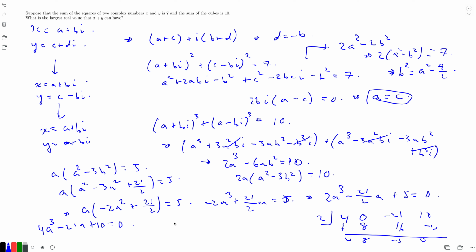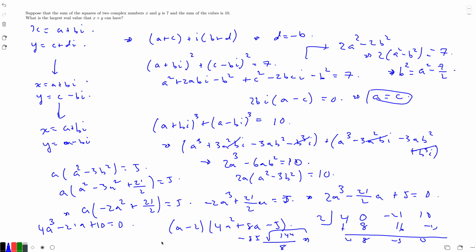So this factors as follows: a minus 2 times 4a squared plus 8a minus 5. Now we can solve for a is equal to 2 or a is equal to solutions of this, which is negative 8 plus or minus the square root of 64 plus 80, which is 144, all over 8.